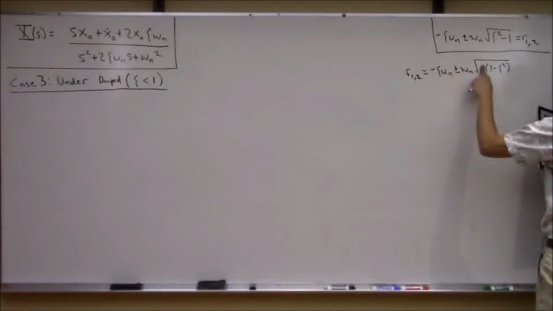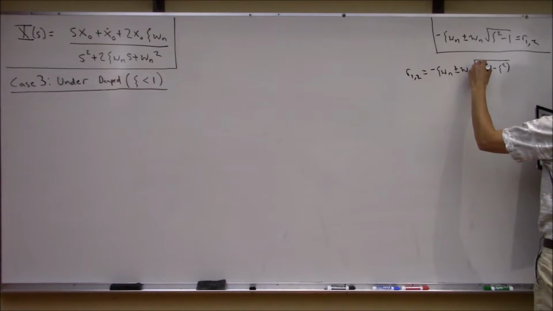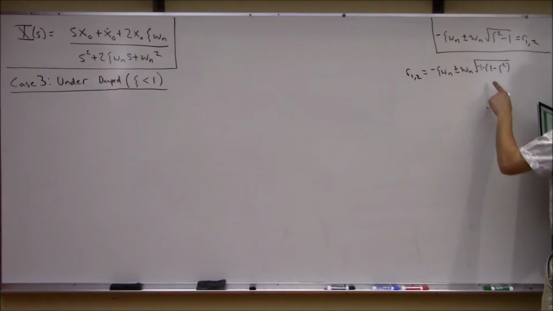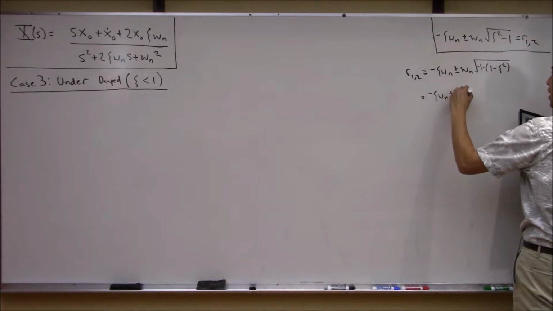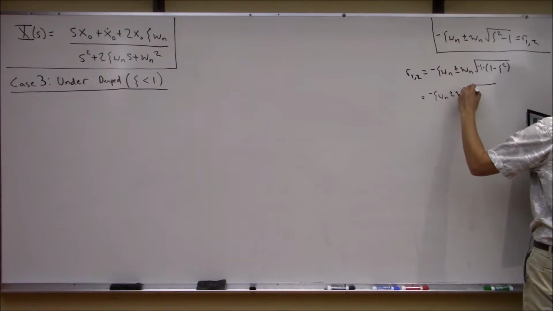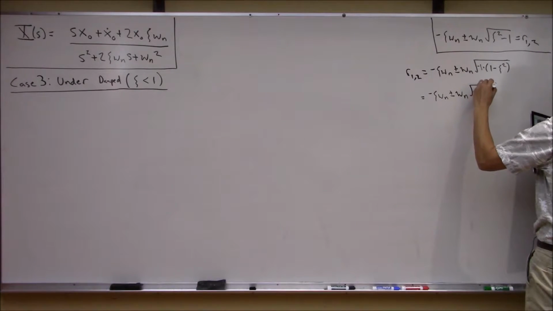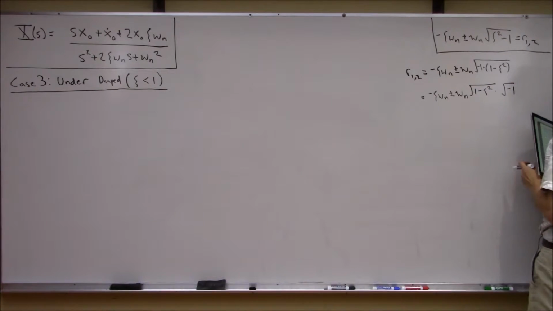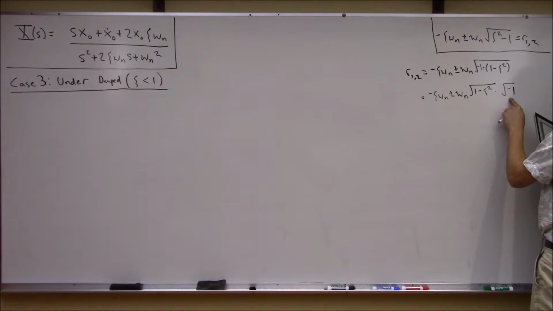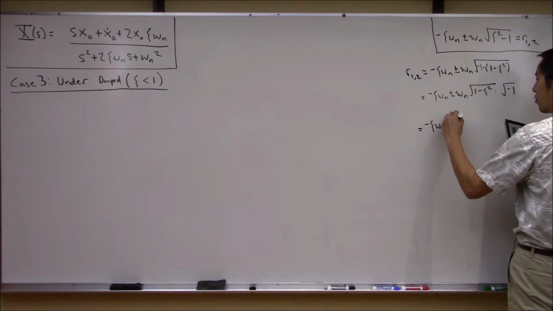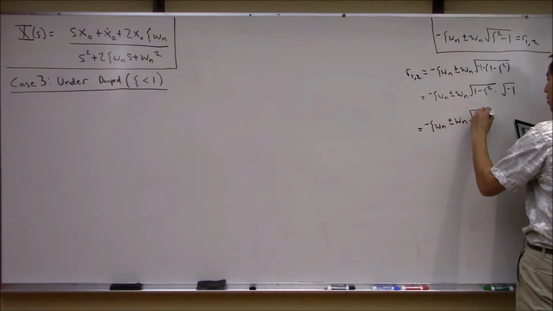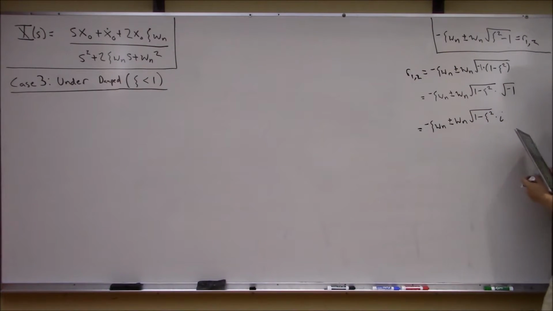Or I could write this as minus zeta omega n plus or minus omega n times the 1 minus zeta squared times the square root of minus 1. Would everyone agree that's the exact same thing? Now this, you remember, is i, the imaginary number, so I end up with minus zeta omega n plus or minus omega n times the square root of 1 minus zeta squared times i.